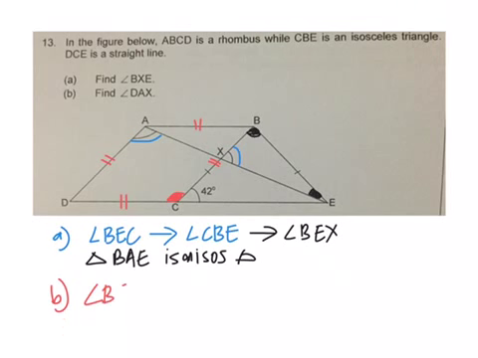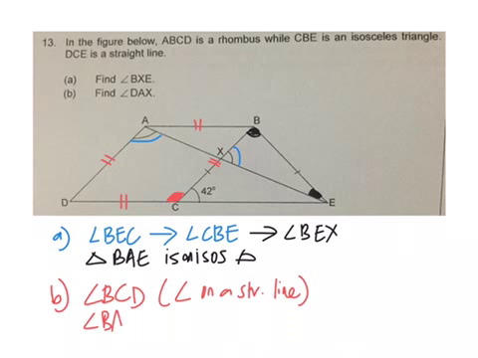Angle BCD is found using the rule angle on a straight line. After you find angle BCD, you need to find angle BAD, which is the angle that we want to find, and this bit over here.